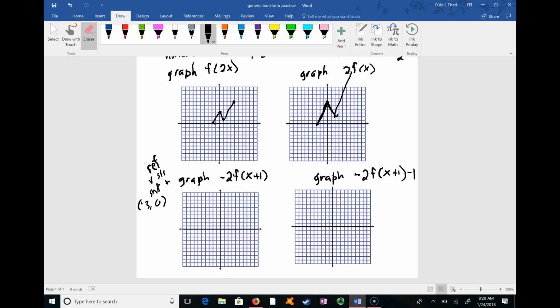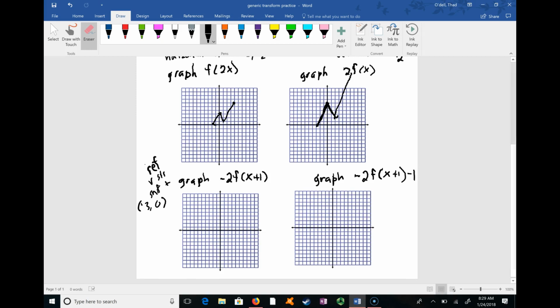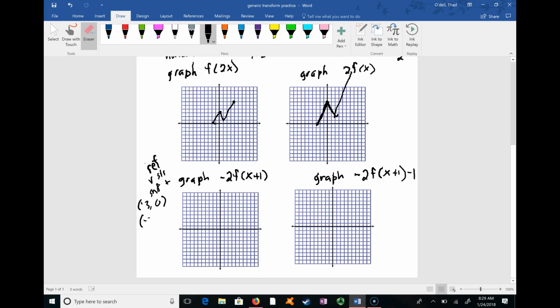So, after the reflection, and that is a reflection across the x-axis, it would just change the y-coordinate. Of course, it's 0, so it's not going to change. So after the reflection, it'll still be negative 3, 0. Then if I apply the vertical stretch, that means I'm going to multiply the y-coordinate by 2.